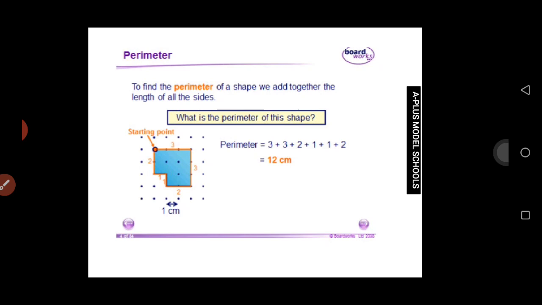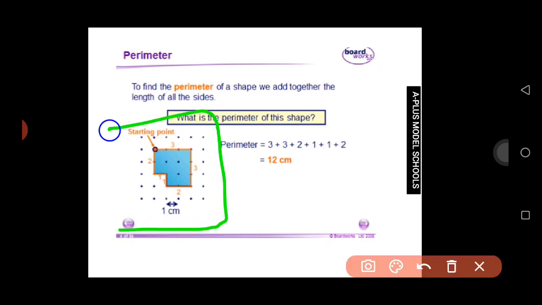So for instance, look at this. We have a diagram here. When you look at this diagram very well, if this is the starting point, from here to here is 3 centimeter. From here downward is 3 centimeter. Here is 2 centimeter. Here is 1 centimeter.